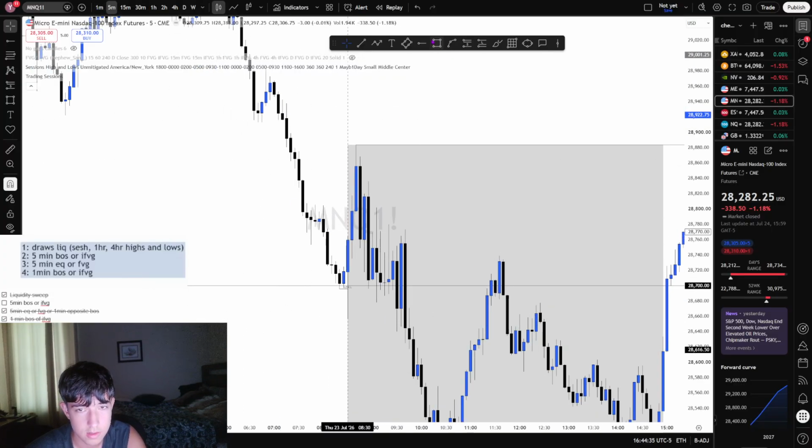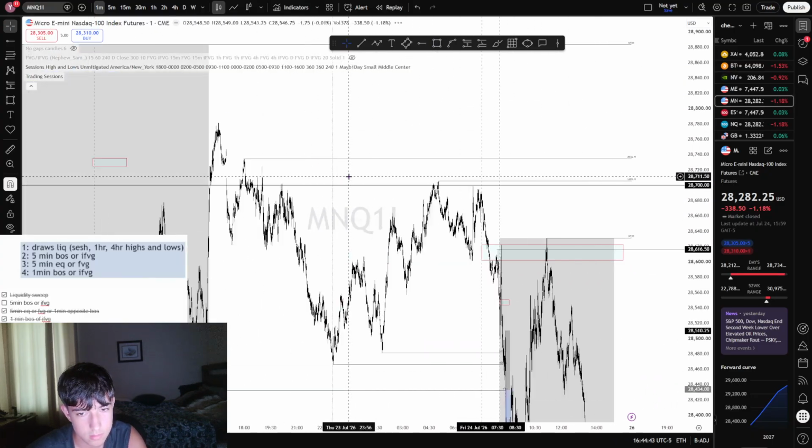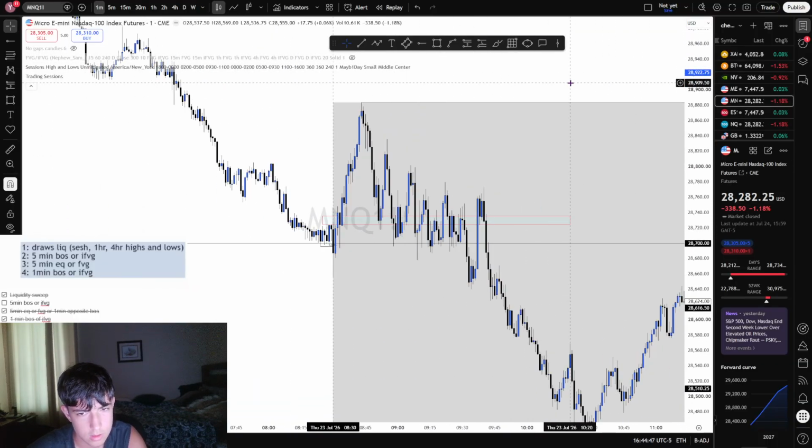We see this 5-minute inverse fair value gap. Oh, you see? I was thinking if we can get a trade right here, but I don't really see any good trades, honestly.